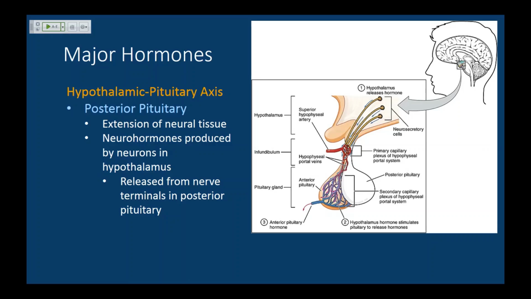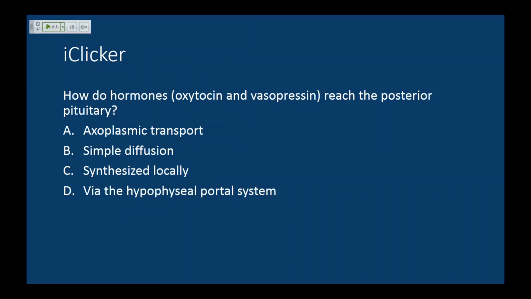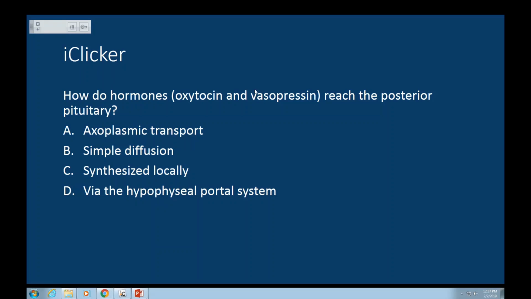A major conceptual division between the anterior pituitary and the posterior pituitary. Again, we'll talk about the hormones in a second, but first, a question. The two hormones of the posterior pituitary are called oxytocin and vasopressin, and I want you to tell me how they actually get to the posterior pituitary.